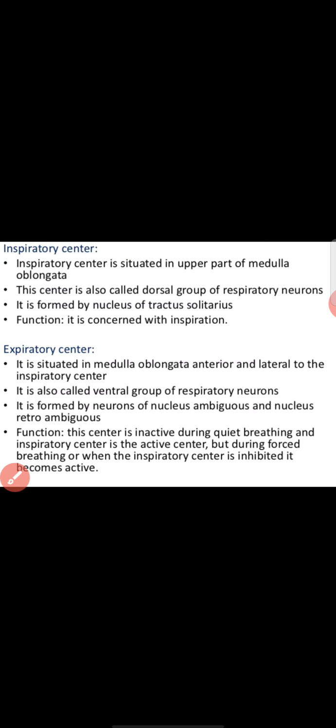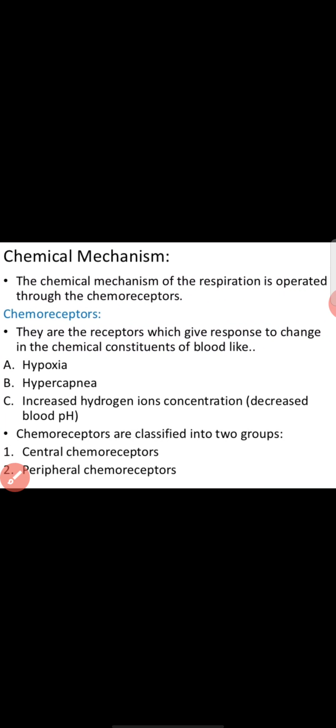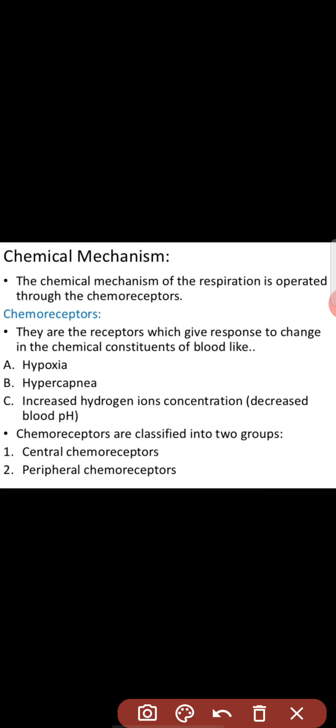Okay, next comes the chemical mechanism. Here you can see that the chemoreceptors play an important part in the chemical mechanism. The chemoreceptors are the receptors which respond to changes in the chemical constitution of blood, like hypoxia, lack of oxygen, hypercapnia, increased amount of carbon dioxide, and increased hydrogen ion concentration that may decrease the pH.